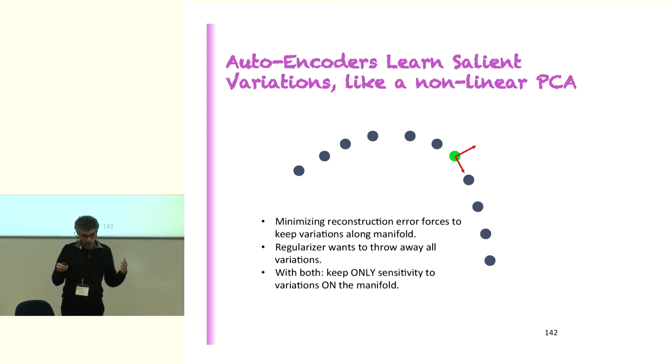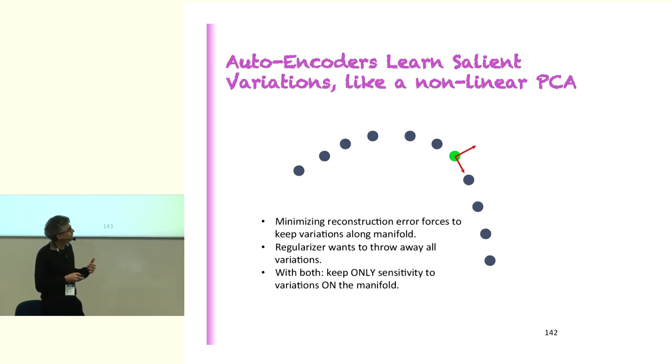So in the case of sparsity, we want the hidden units to be all zero. That's what the regularizer wants. In the case of the denoising, something similar is actually happening, and it takes a little bit of math, but you can show that it also wants the representation to be insensitive to the inputs.